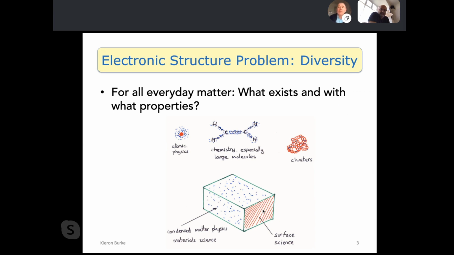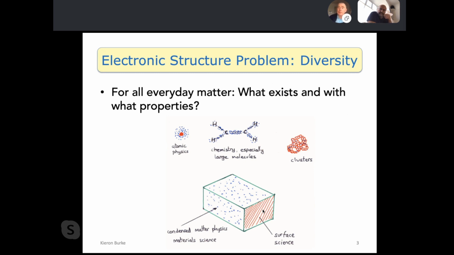And if you can, within the Born-Oppenheimer approximation, find the ground state energy of the electrons in any system, then you can answer a vast number of questions, such as what is the energy to pull it apart, what are the bond lengths, bond angles, lattice parameters, and so forth.